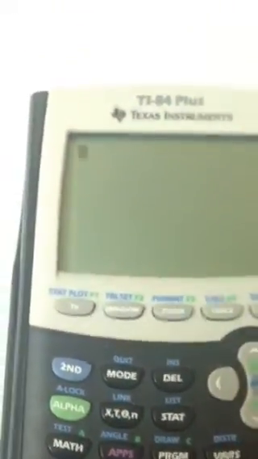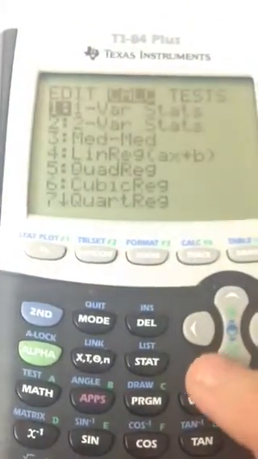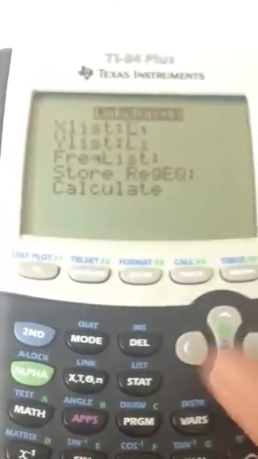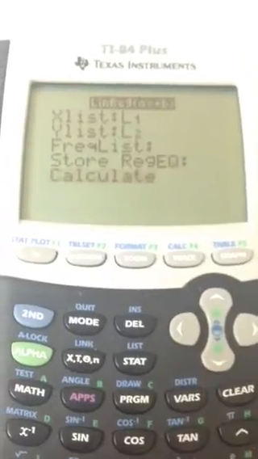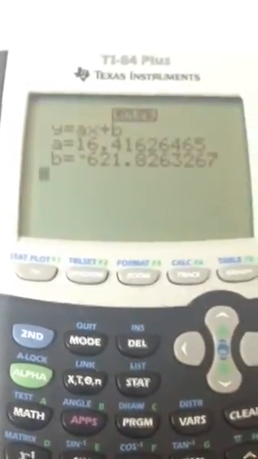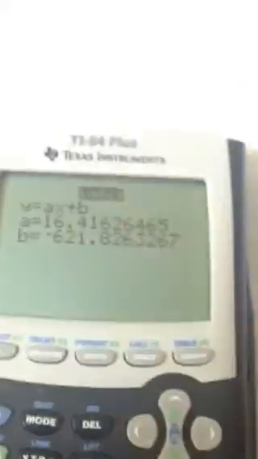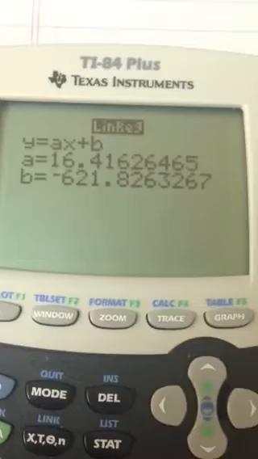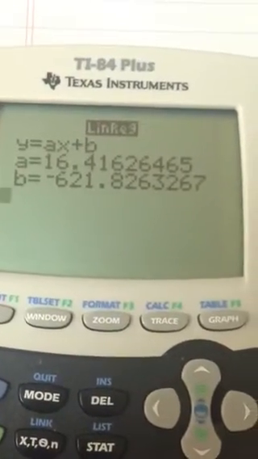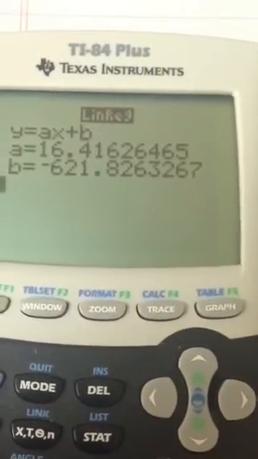But if I need the equation of the regression line, I didn't write it down. Let me just go down to calculate because it's already in there. My equation would be, I'm going to write it down here on my paper. Y equals 16.4x minus 621.8.